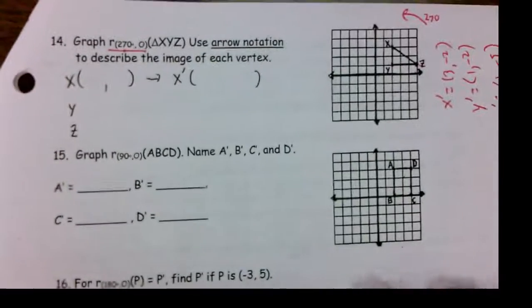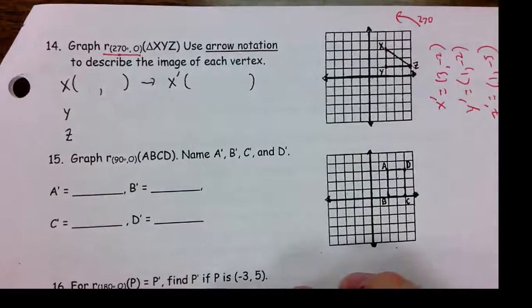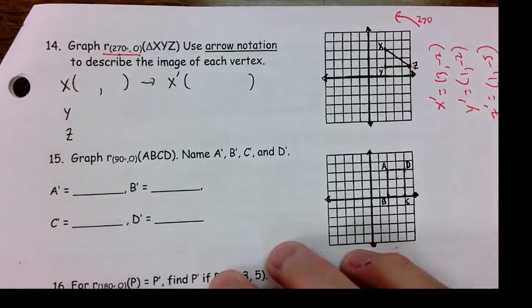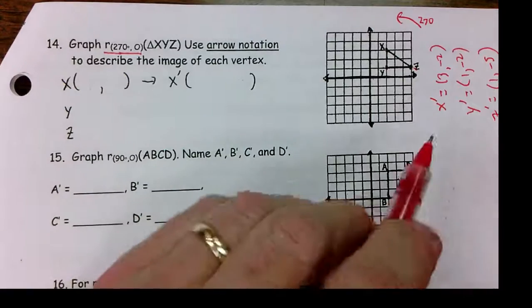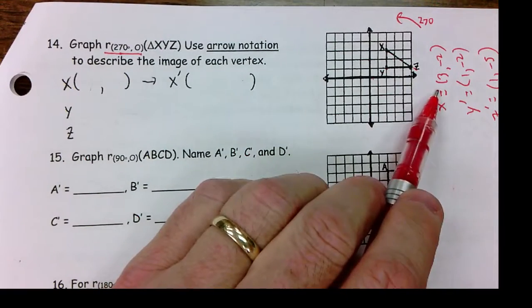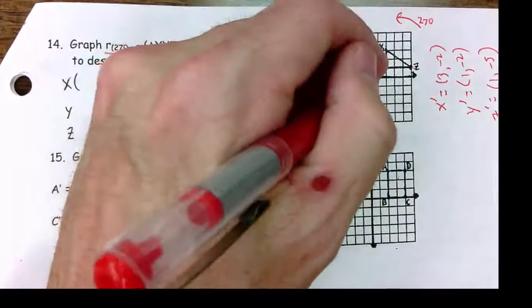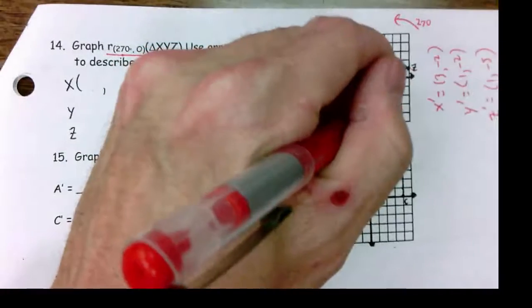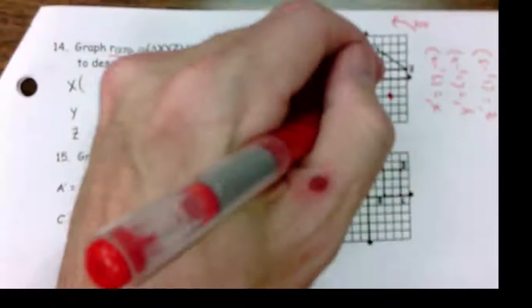Let's go ahead and rotate it back. And I guess I'm going to graph those first. So over here I can see that x prime is at 3, -2. And y prime is at 1, -2.